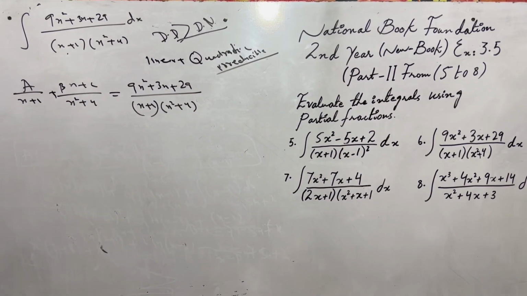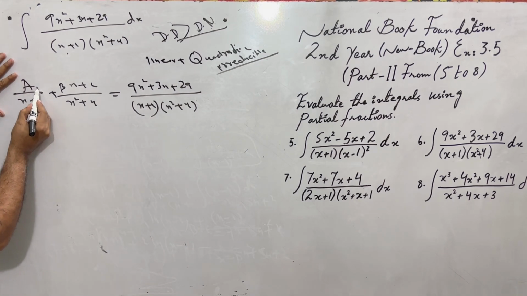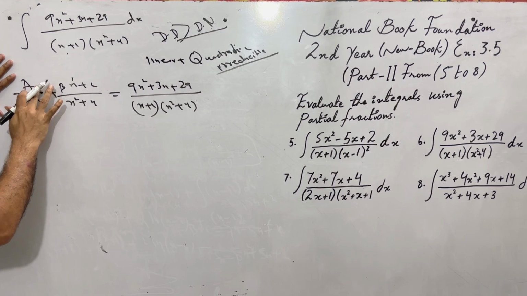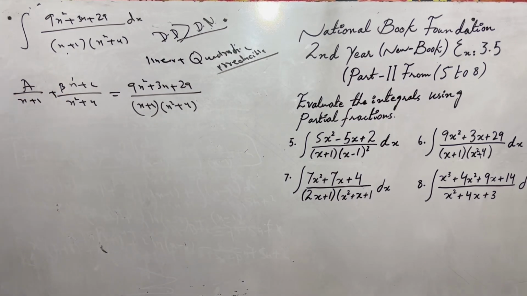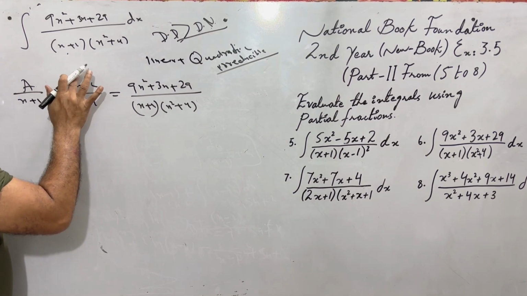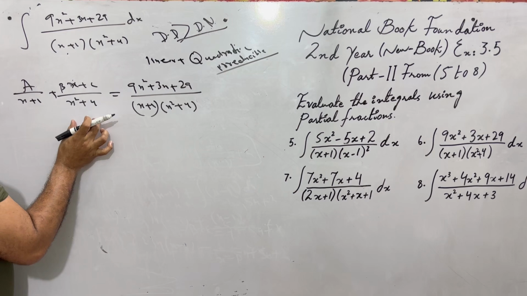Look, there might be a difference of 1. There is x, there is no x, meaning x power 0. Here there is x square, there is x power 1. In partial fraction, the difference of the degrees between numerator and denominator must be 1. This is 0 and 1. Good. This is 1 and 2. That is the idea behind quadratic irreducible partial fractions.